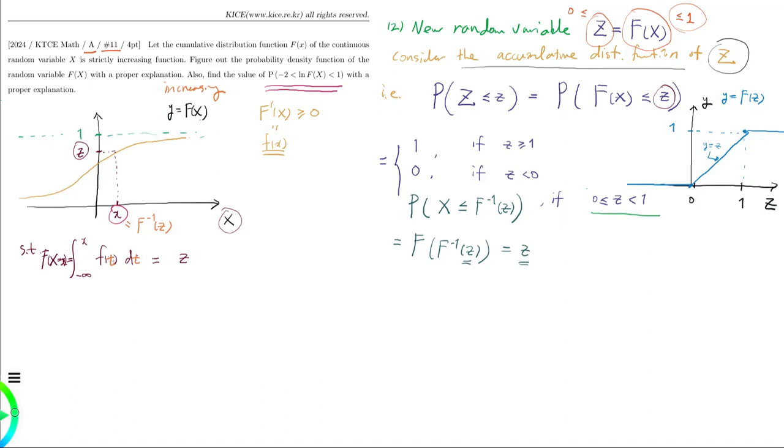Okay, so to figure out the probability density function of this random variable capital Z, we take a z derivative of this graph, and then it will give us this graph.